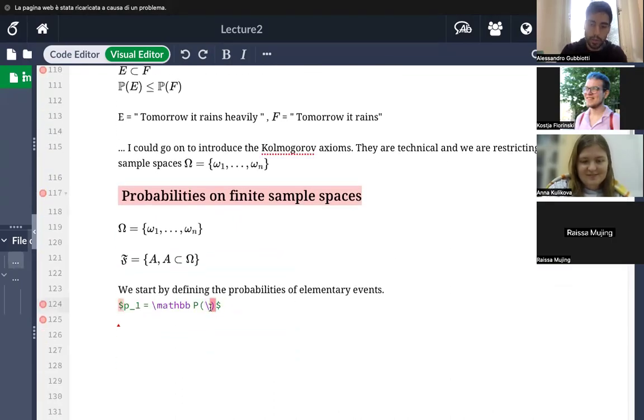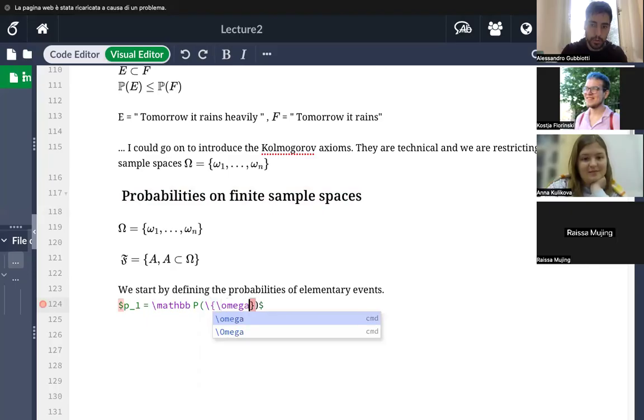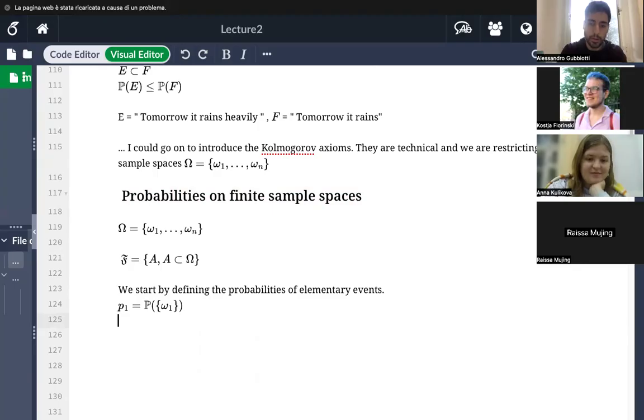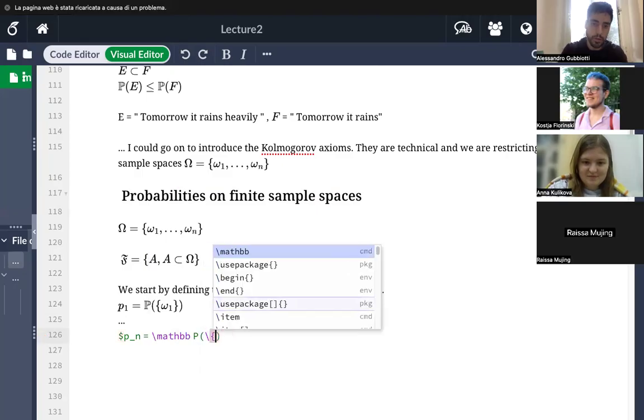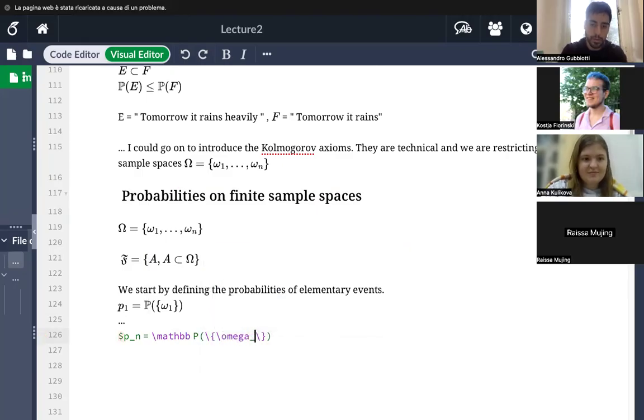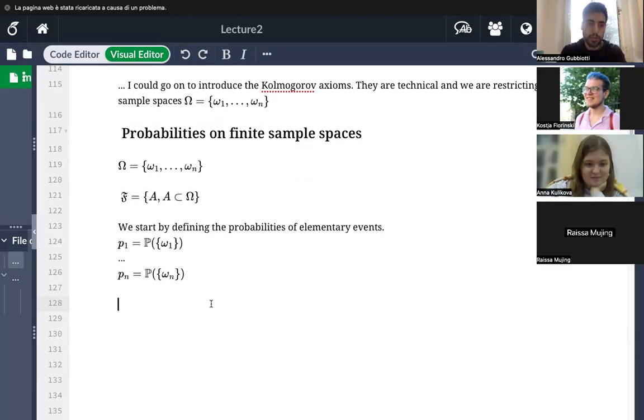The probability of omega 1 is denoted by P1 and etc. etc., so Pn is equal to the probability of omega n. Here we can choose these numbers quite arbitrarily.